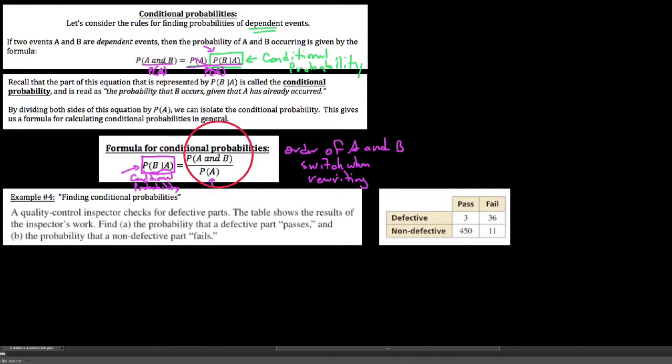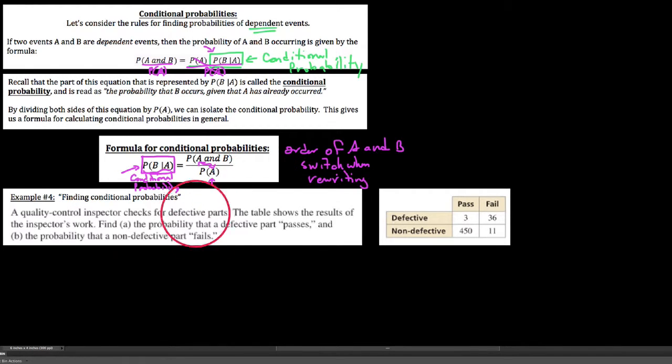People say the order doesn't really matter here. Well, order does matter. The probability of B happening after A already happens, when you rewrite this, becomes the probability of A and B divided by the probability of A. The event you divide by should always be the first thing that happened. The A comes first.